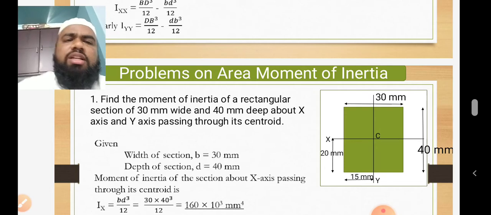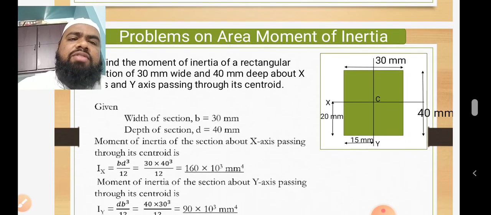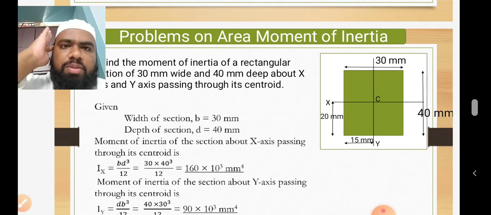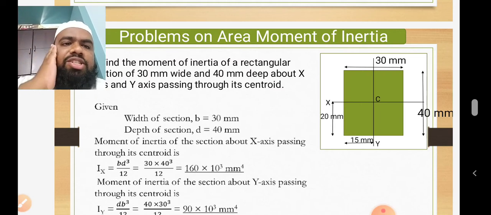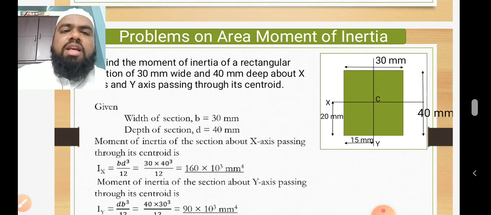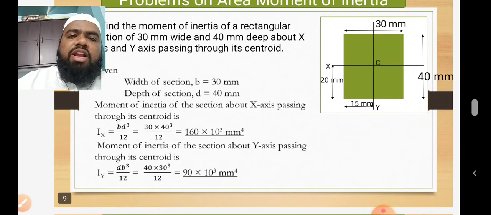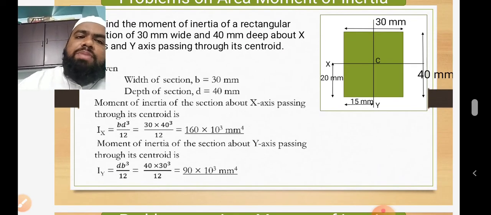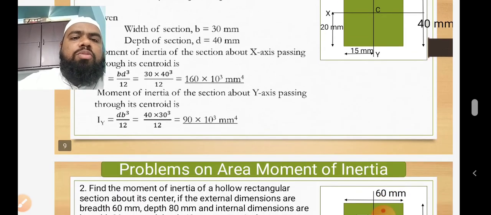We have to find it. So given data, width is equal to 30, depth is equal to 40. The moment of inertia of the section about the x-axis, Ix, is equal to BD cube by 12. The formula we know, BD cube by 12. So simply substitute all the values, and Iy is DB cube by 12, simply substitute the values. That is the logic.